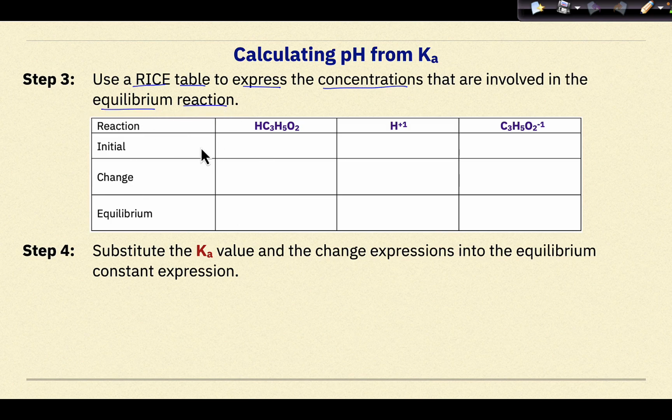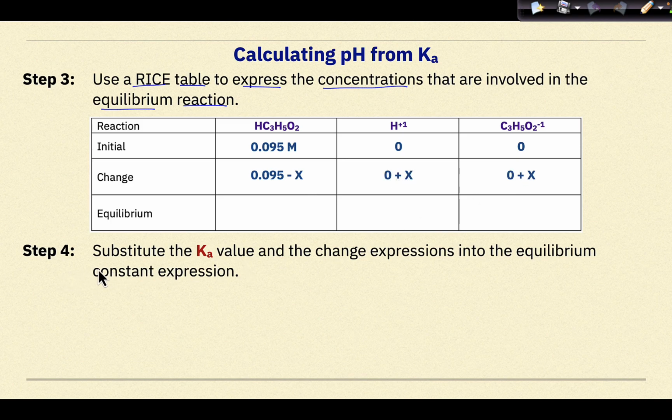So again, here's our setup for our Rice table. Initially, our concentration of propanoic acid is 0.095, and our concentration of hydrogen ions is going to always be 0, and then our propanate ion is going to also be 0. To represent the change, we're going to write 0.095 minus x plus x and plus x.